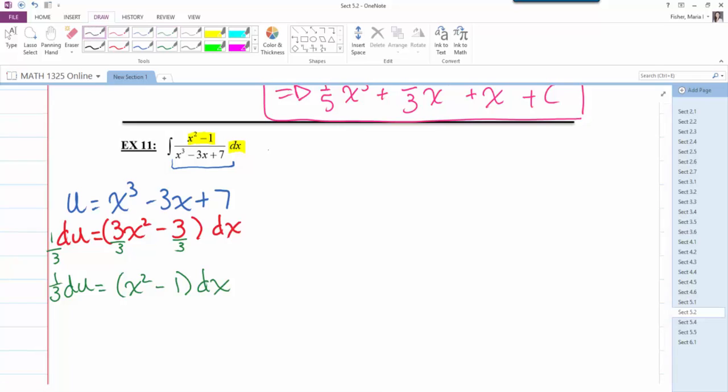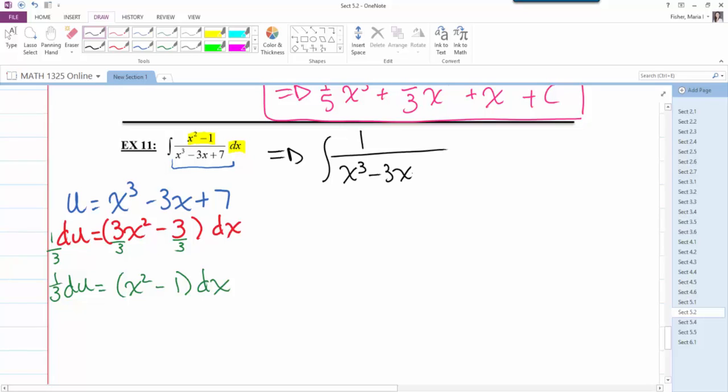Great. So then this, recall, can just be written as the integral of 1 over x cubed minus 3x plus 7 times x squared minus 1 dx.